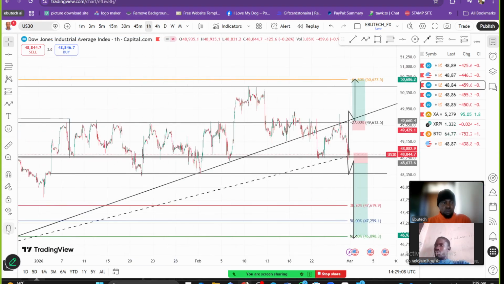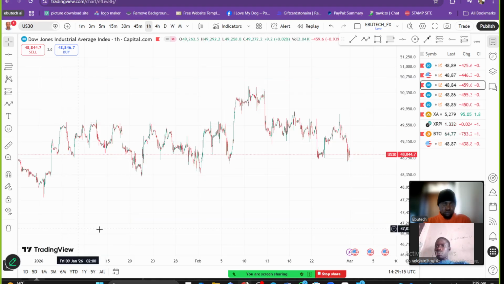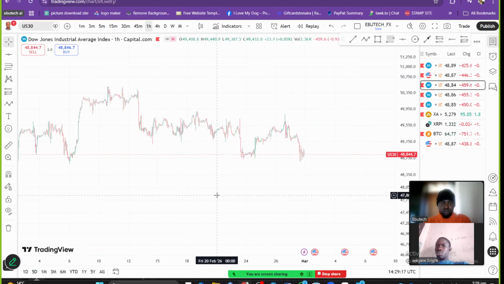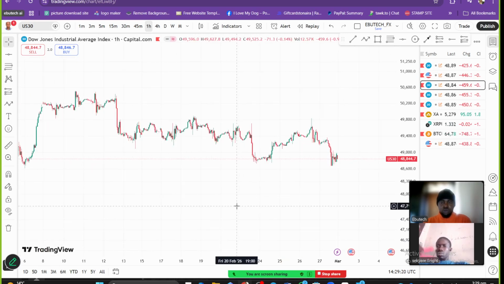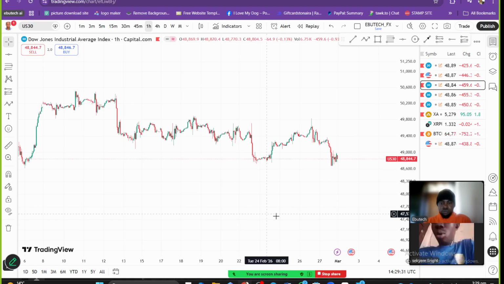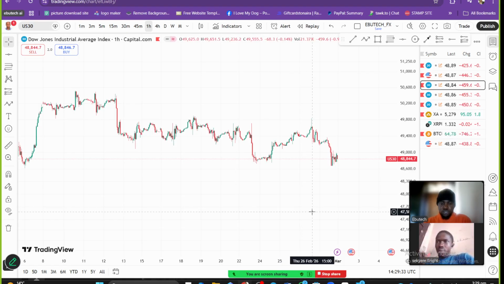Now, do you have MT5? Have you created a demo account? How much is in your demo account? Have you started trading? No, right?